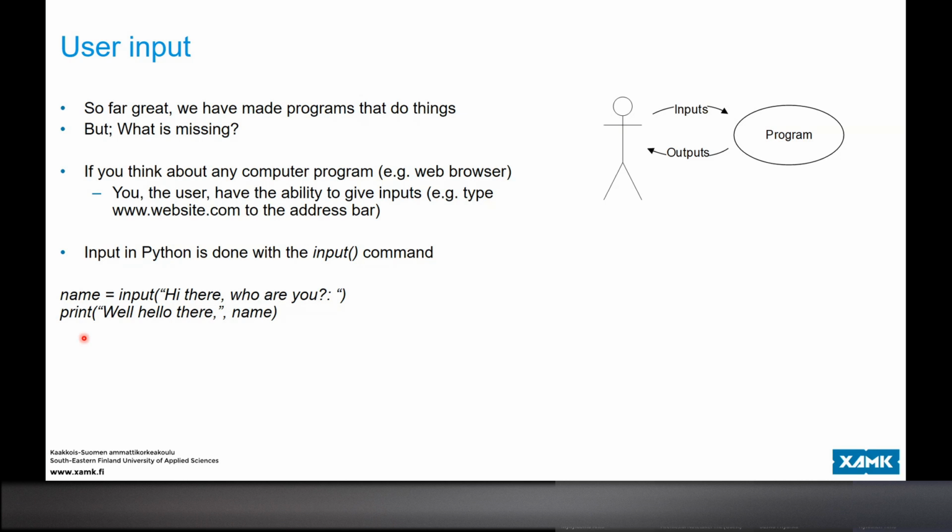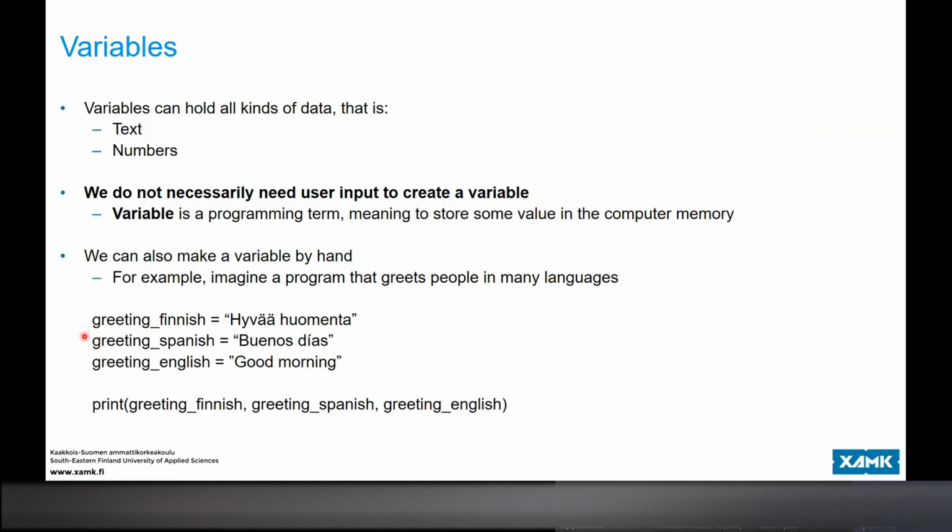If you need to ask for numbers, then you need to deal with the data type and changing the type of that data. And shortly about that, I think on one of the coming PowerPoint slides.